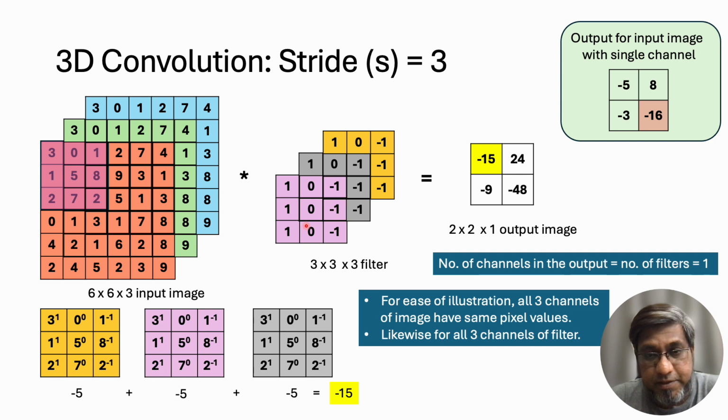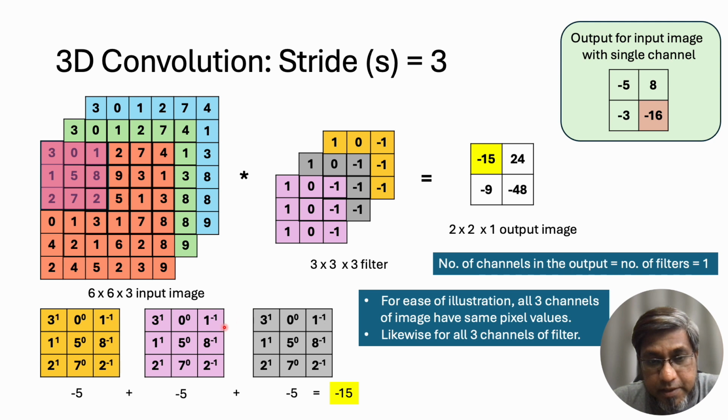So we are using the same numbers. So when we perform the convolution between the window elements of the green channel with the second channel, which is the gray elements of the filter, then we multiply the second channel elements which are within that window with the corresponding elements of the second channel of the filter.